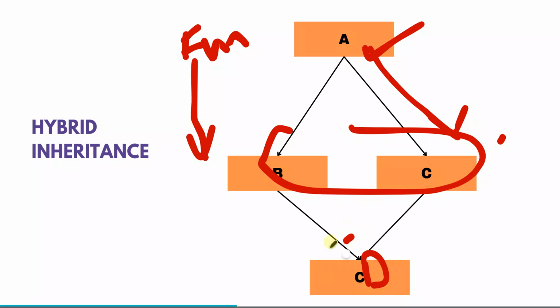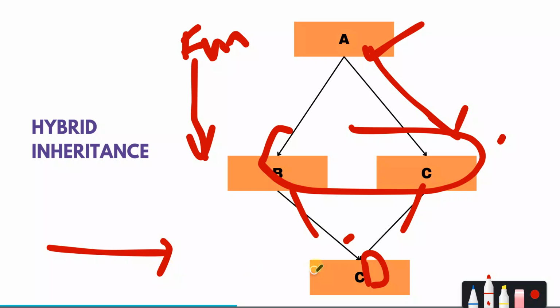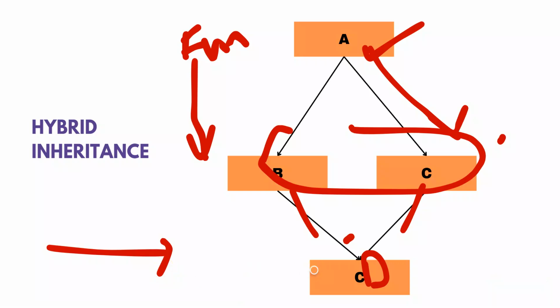When we derived D from B and C, there was confusion for the compiler, because according to object-oriented programming we can't repeat the data, but here the data is being repeated. B has the same function and C has the same function, so D was confused.